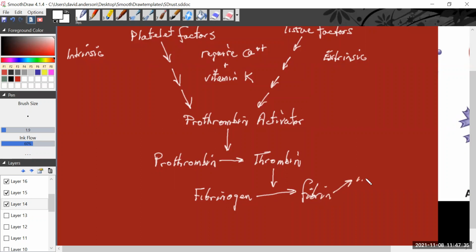And fibrin is an insoluble protein that will be able to form a mesh around all those platelets that created the early plug. And that mesh now can trap red blood cells and fibroblasts and allow a concentration of cells and proteins to encourage repair of the damaged blood vessel.